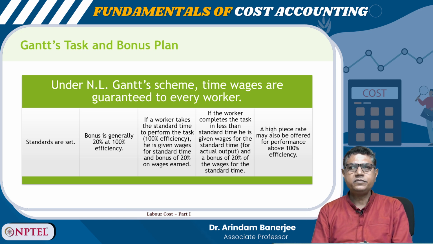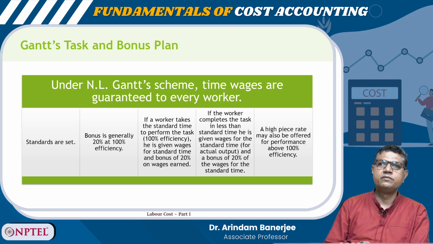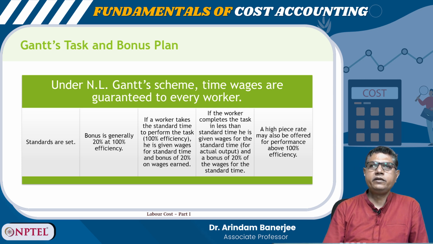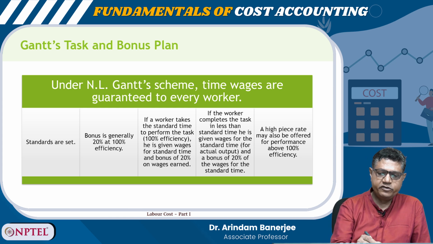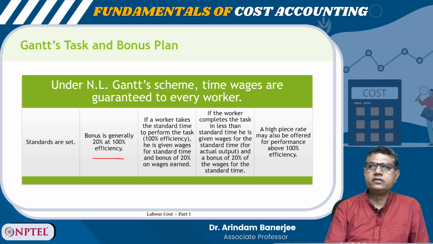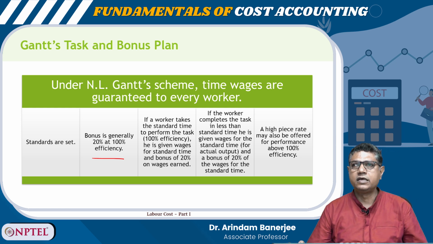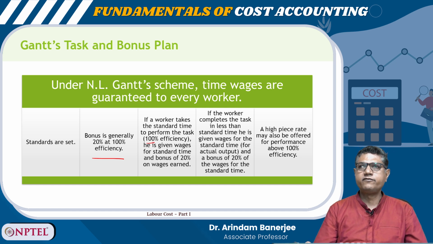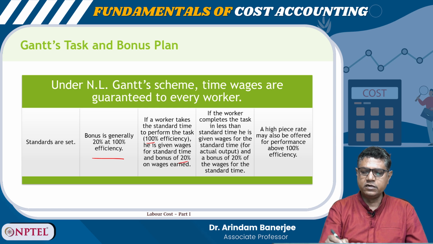Another scheme is Gantt's task and bonus plan. Under the Gantt scheme, time wages are guaranteed to each worker. Standards are set, and the bonus is generally 20% at 100% efficiency. If a worker takes standard time to perform the task, that is 100% efficiency, he is given wages for standard time and a bonus of 20% of wages earned.